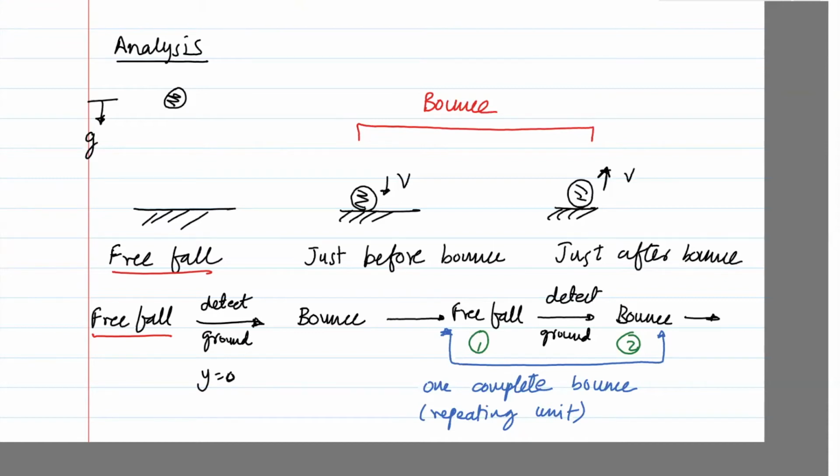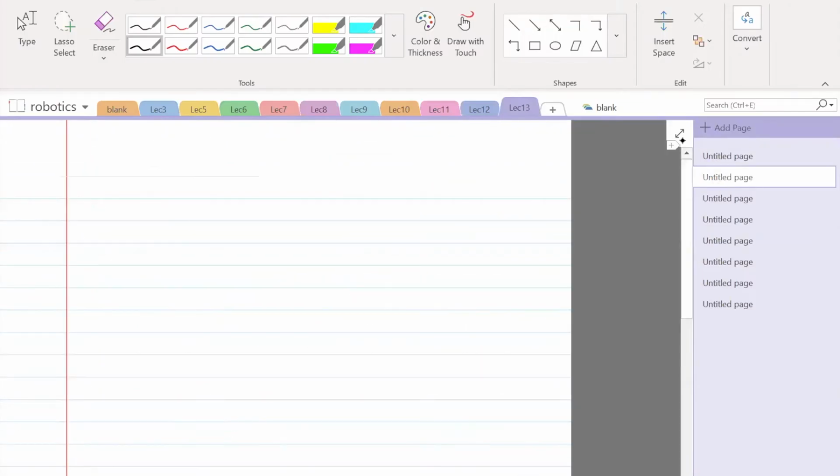Okay, let's go on. So first, let's do it for free fall. Here the ball is falling under gravity. There's a mass m.